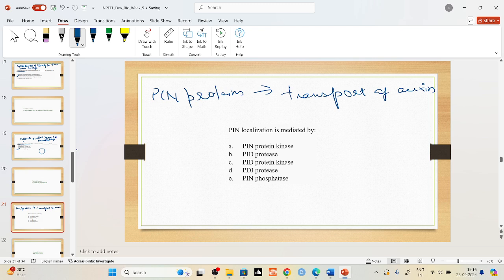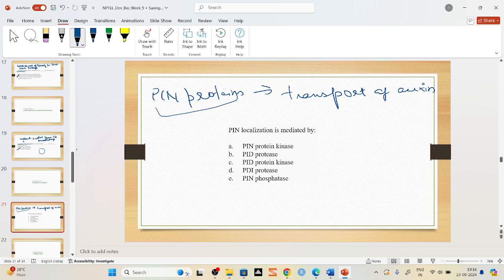Now, these PIN proteins are located in the plasma membrane of the plant cell, and they play a crucial role in directing the flow of auxins. So it influences processes such as cell elongation, tissue patterning, and organ development. So these PIN proteins, what do they do?